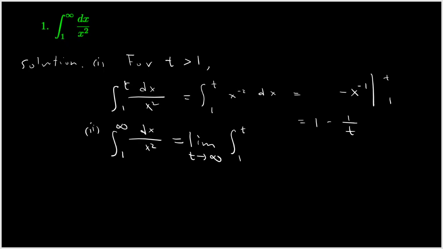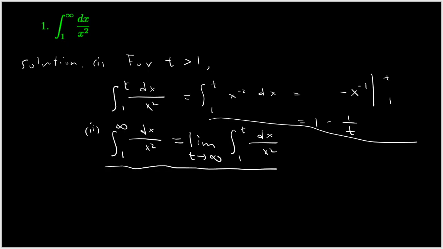So t can be 10,000, t can be 1 million, but whatever fixed number of t is not sufficient. You have to take the limit, right? So you have dx in here, x squared. I'm going to underline this part. This is the definition of a type 1 improper integral.